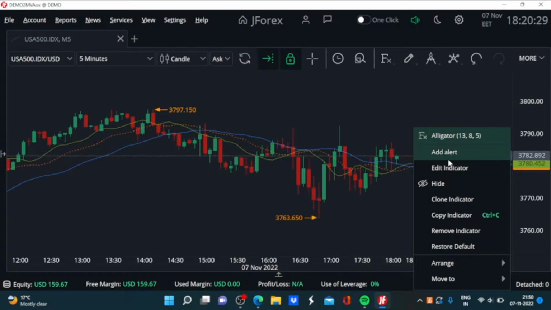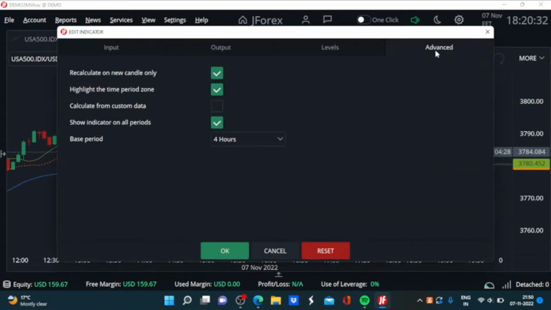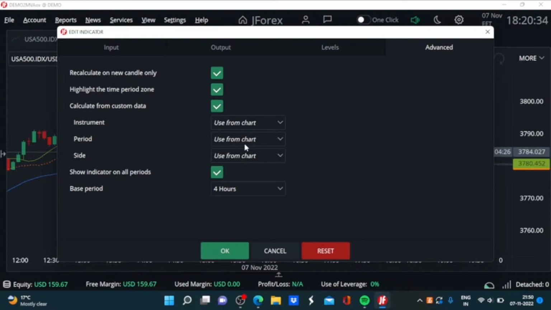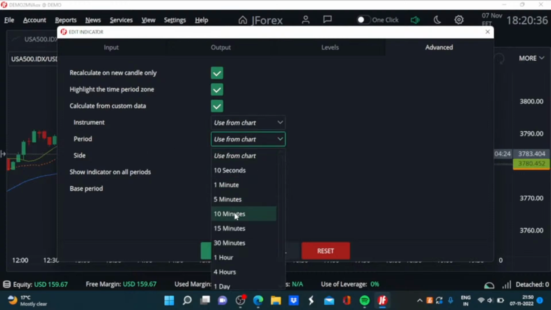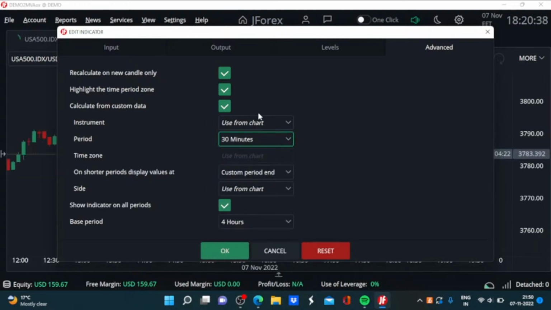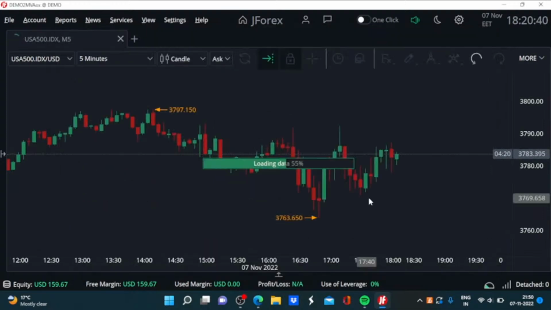But that need not be the case all the time. You can even customize this further. Even though the chart's candle period is 5 minutes, if you want to use another time frame, say for example half an hour, for calculation of the indicator, you can do that regardless of the chart's candle period.